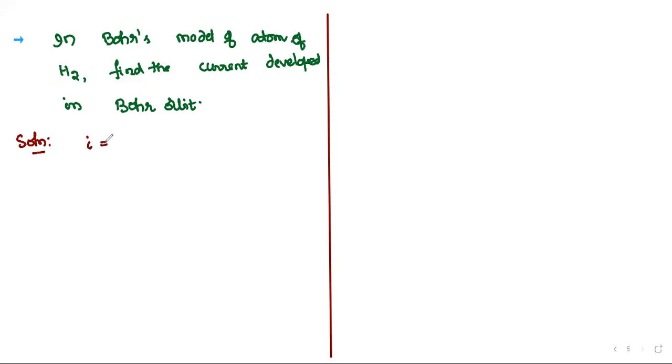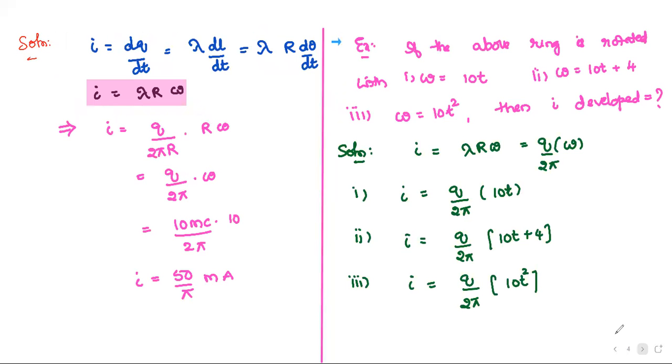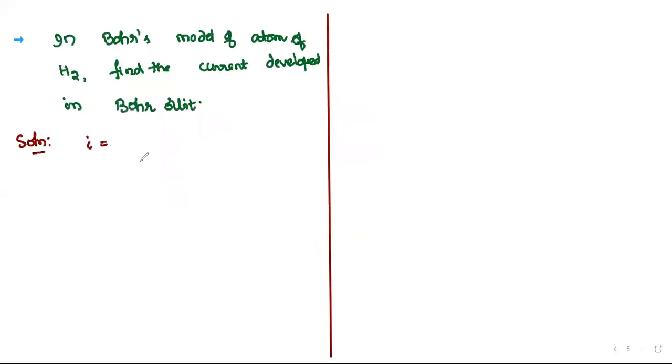I am not deriving everything again; I go to whatever I derived on the previous page: I equals q omega upon 2 pi. If I know omega, I substitute.